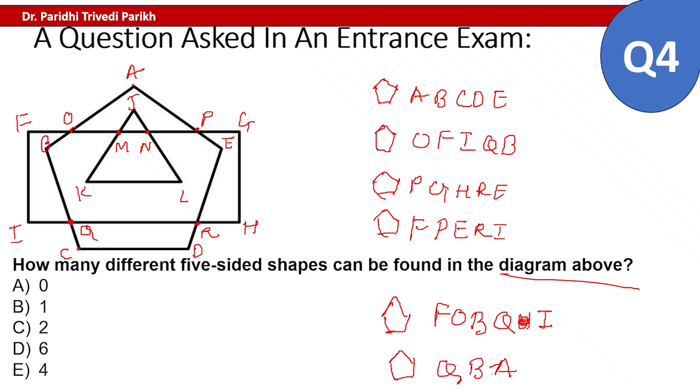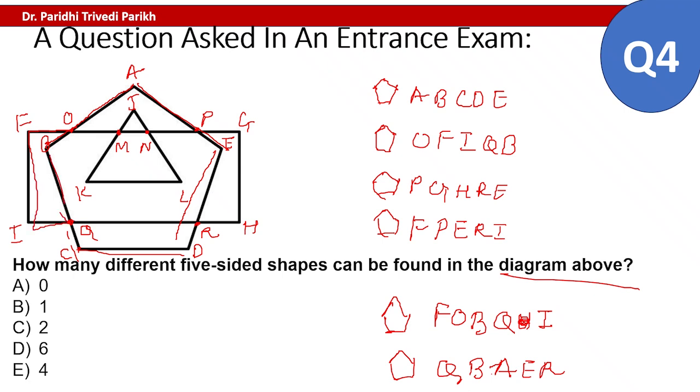I'll once again show it to you. Now see, A, B, C, D, E. This is one pentagon, I mean the five-sided shape. Now O, F, I, Q, B. This is another one. P, G, H, R, E. That is another one.